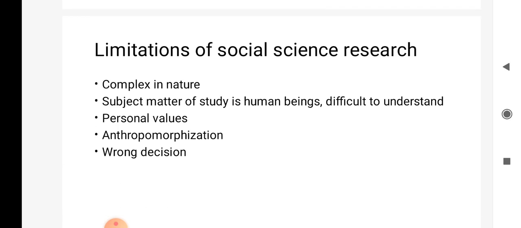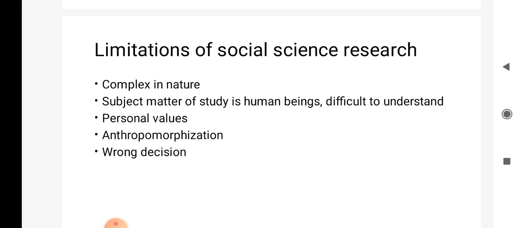Then, coming to the last element, limitations of social science research. Social science research also has its own limitations, that is, it is complex in nature.